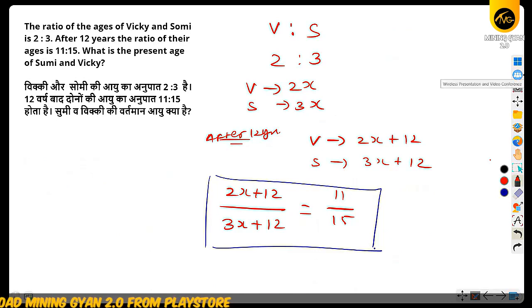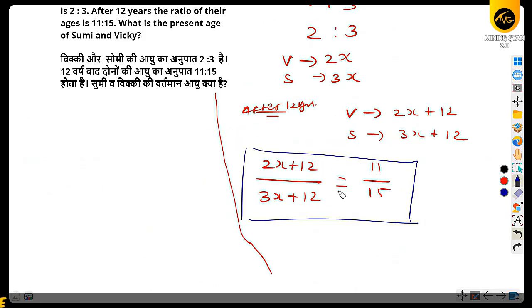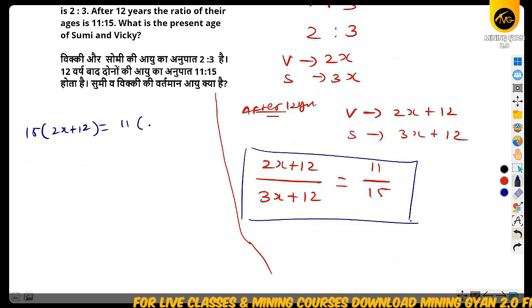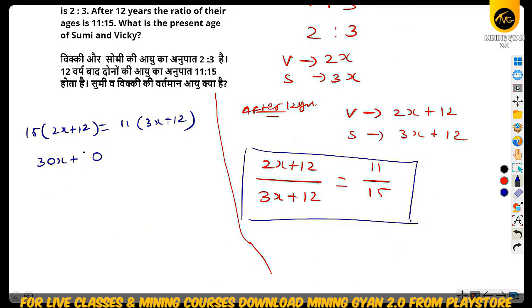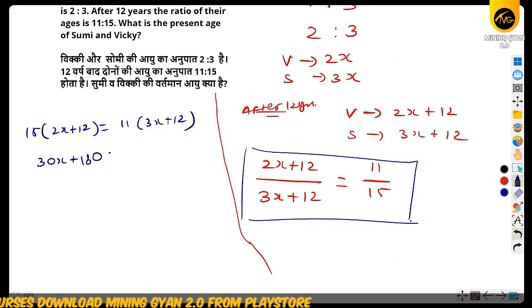Just a second. Okay, so it's a cross multiplication. 15 multiplied by 2x plus 12 is equal to 11 multiplied by 3x plus 12. 15 times 2x is 30x, and 15 times 12 is 180. That is equal to 33x and 11 times 12 is 132.